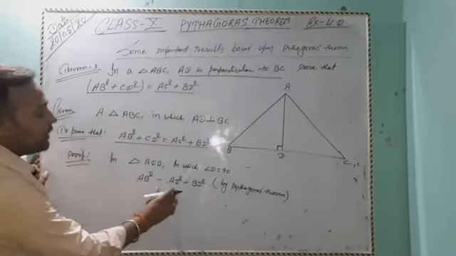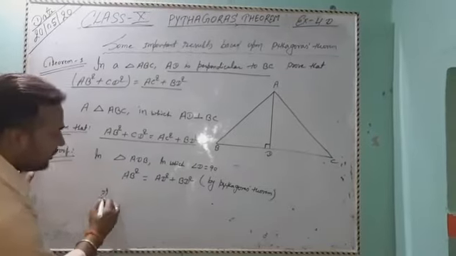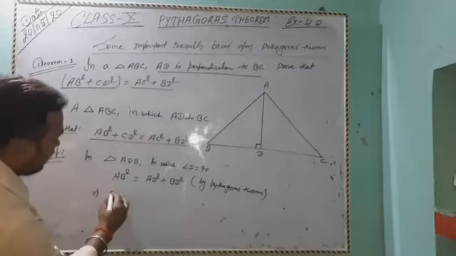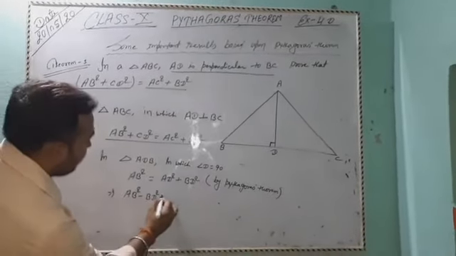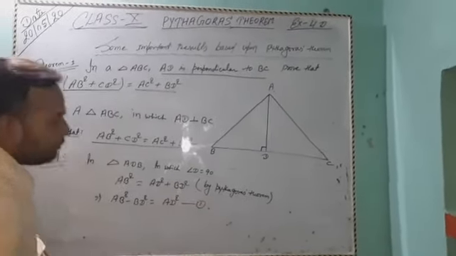Okay, so this implies AB square minus BD square equal to AD square, equation first.